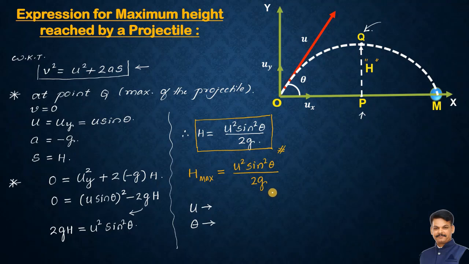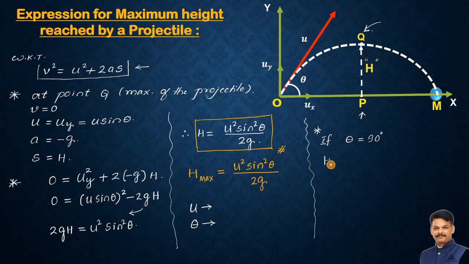Okay, dear students. Now consider one particular case: what if the angle theta is equal to 90 degrees? A special case, just for the purpose of discussion. If theta is equal to 90 degrees, what happens? We know that sine of 90 degrees is 1.